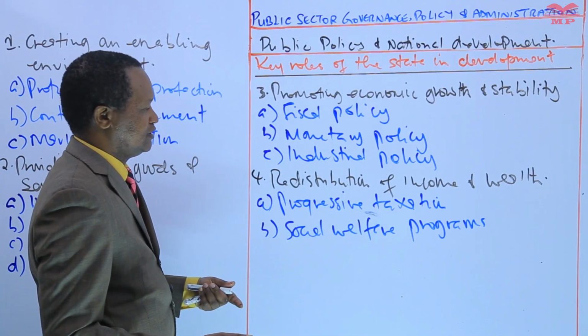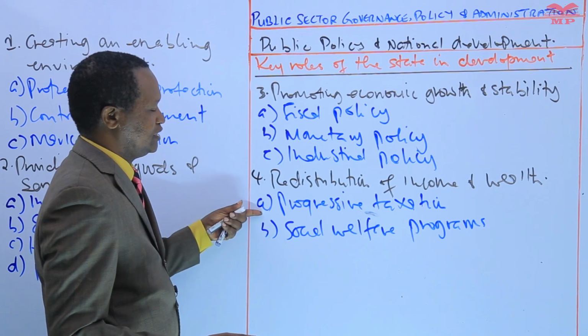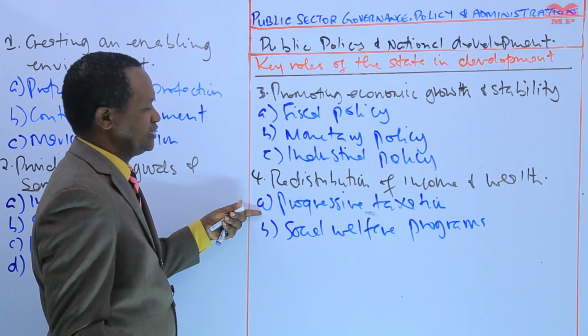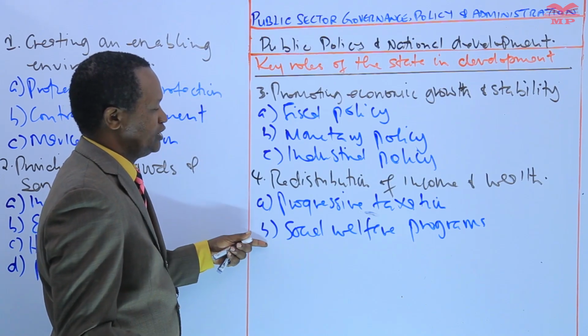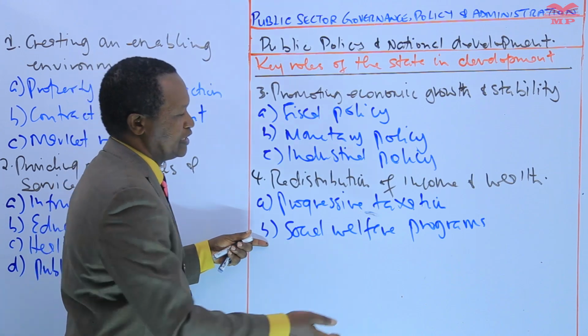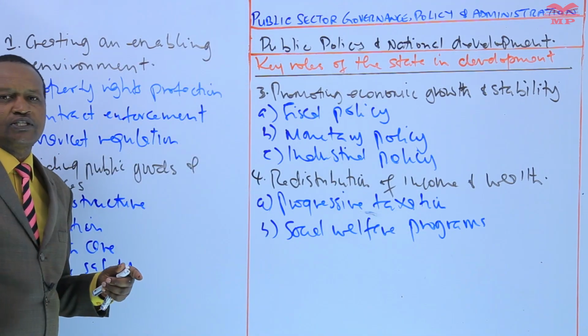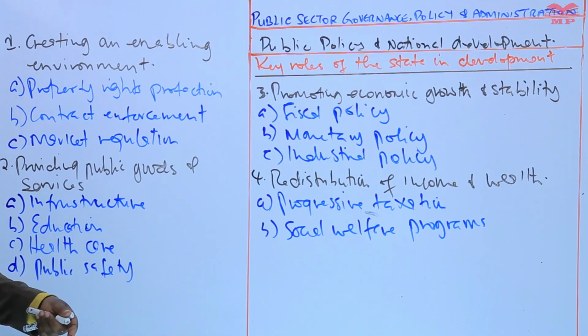All right? The government can, as I said, tax those with high income at high tax rates. Then such amount can be used to run these social welfare programs. You understand? Social welfare programs.